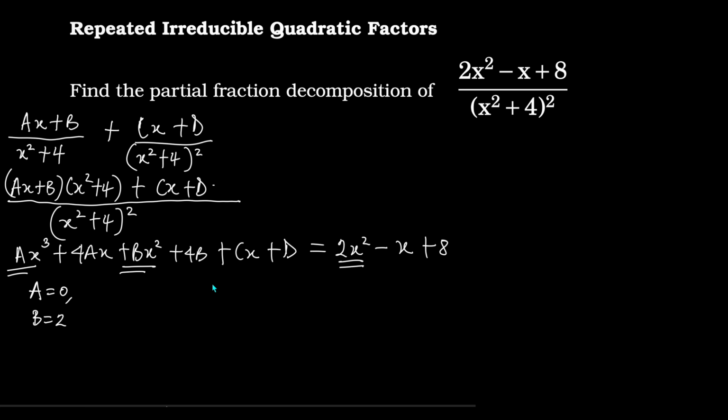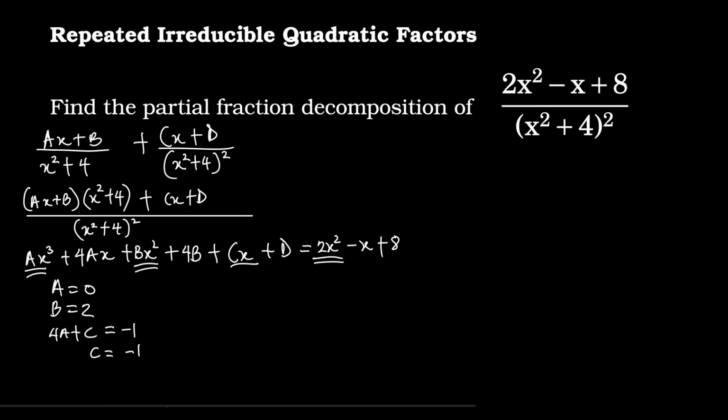Now for the x, we have 4a and cx, so we have just c, and on this side we have a negative x, which is equal to -1. Now to make this easy, a equals 0, so this goes to 0, so c equals -1.